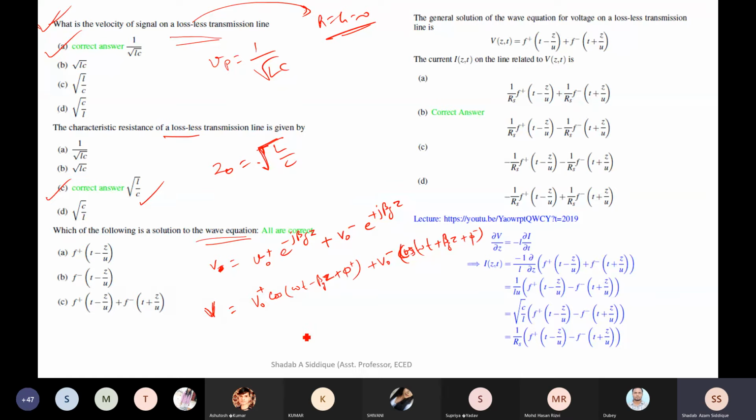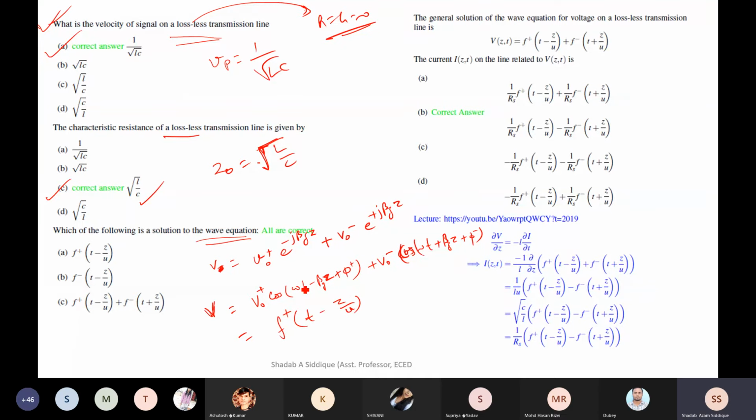From this, if you go through the functional analysis and represent it as a function, we can represent it by the plus sign, that is, the wave traveling in the plus z direction. It may be t minus z by u, where u is the velocity at which it is traveling.